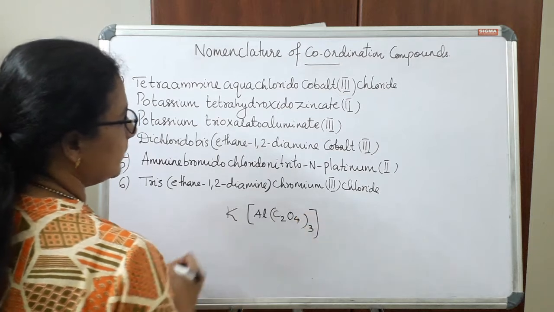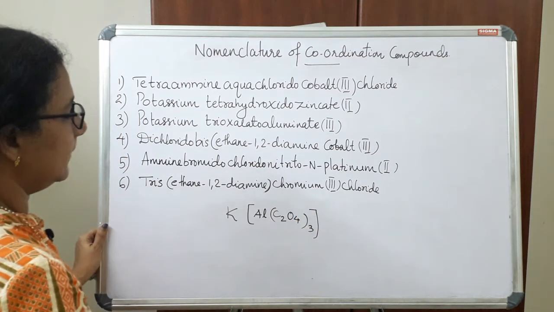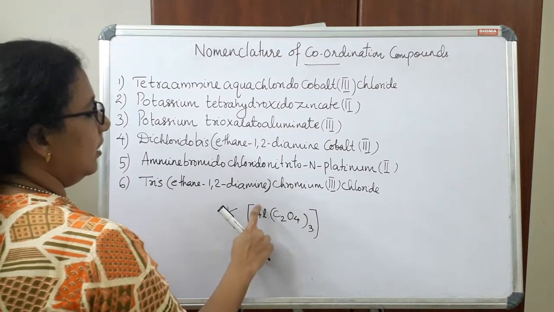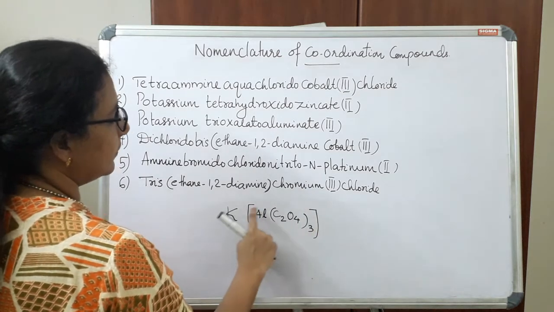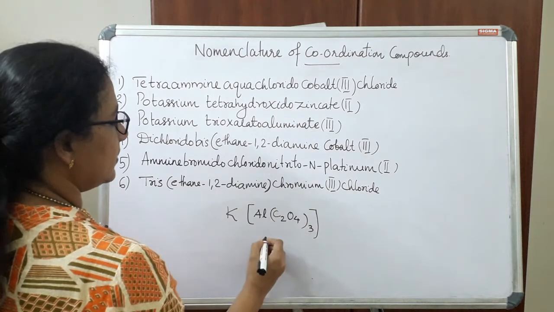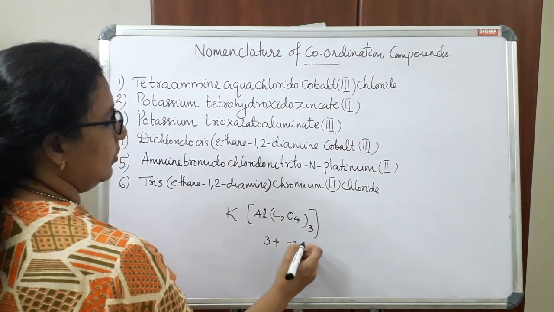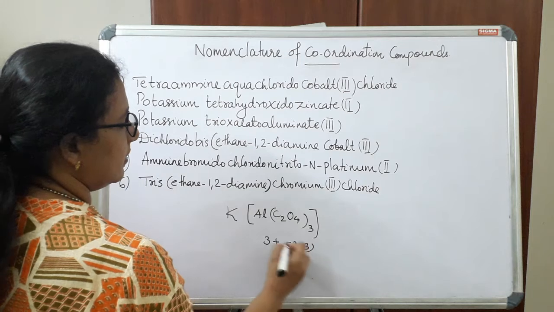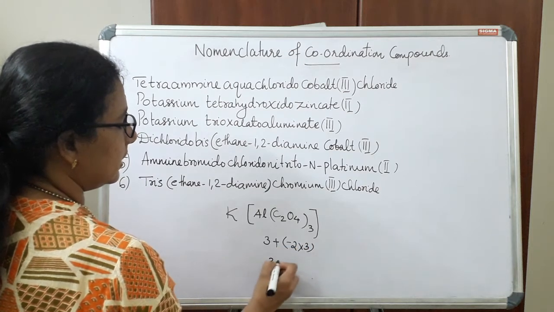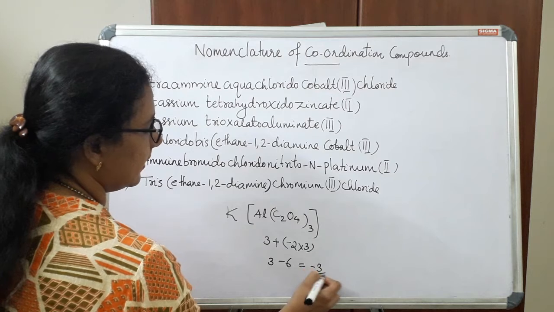So trioxalatoaluminate. Now we need to find out how many potassium ions are here. For that we will find out the charge of this complex part. Aluminium is 3, so 3 plus C2O4, which is minus 2 into 3, so 3 minus 6, equal to minus 3.